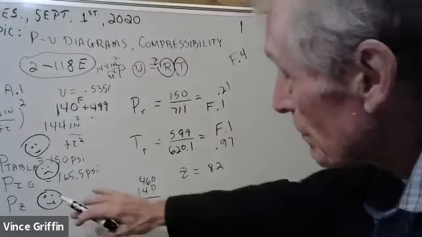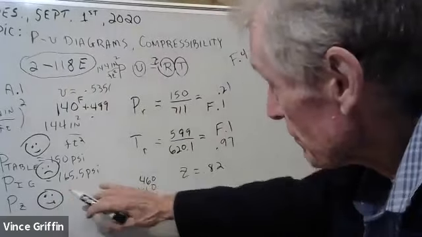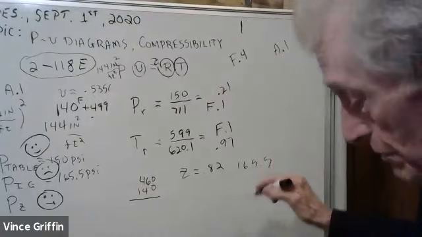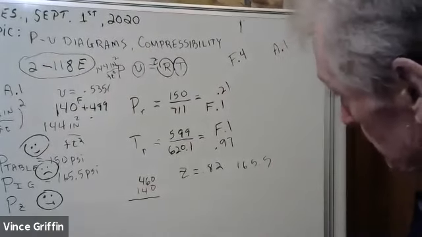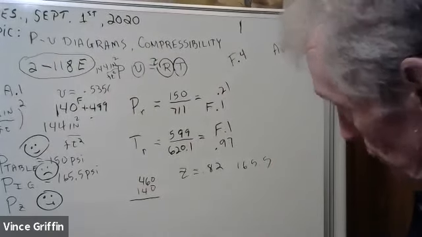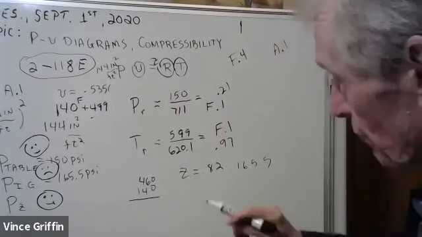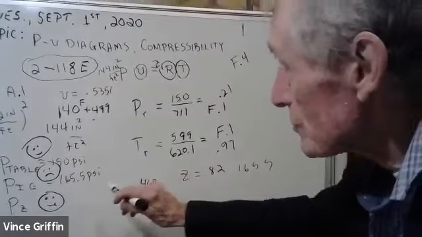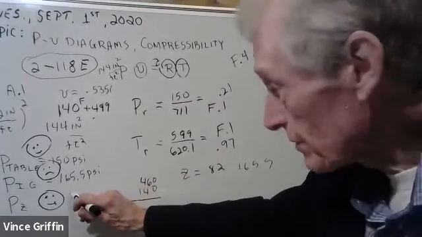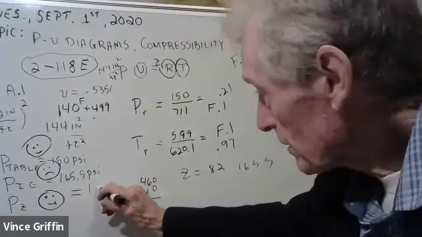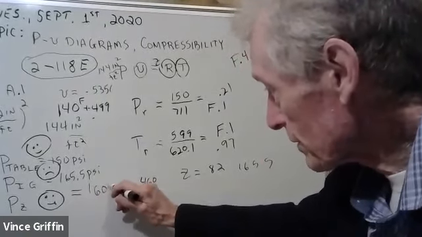We got 165. What's 0.82 times 165? Let me see what you get. I'm getting 159.8. So using a compressibility, I'm getting call it 160. We'll round it off to 160.